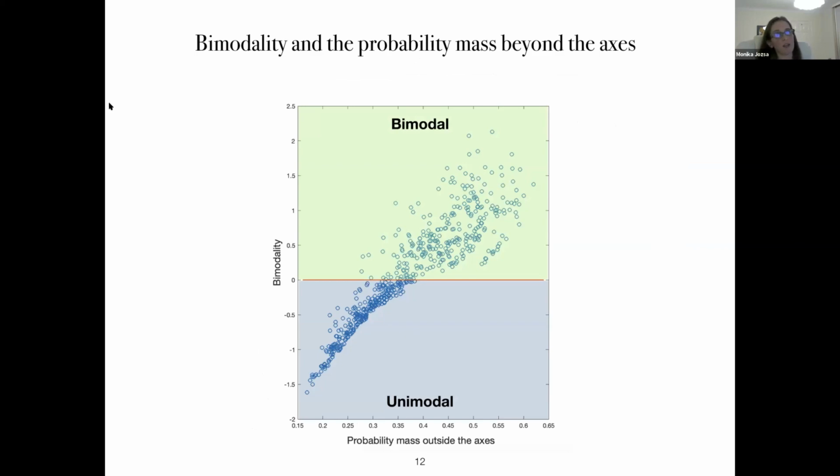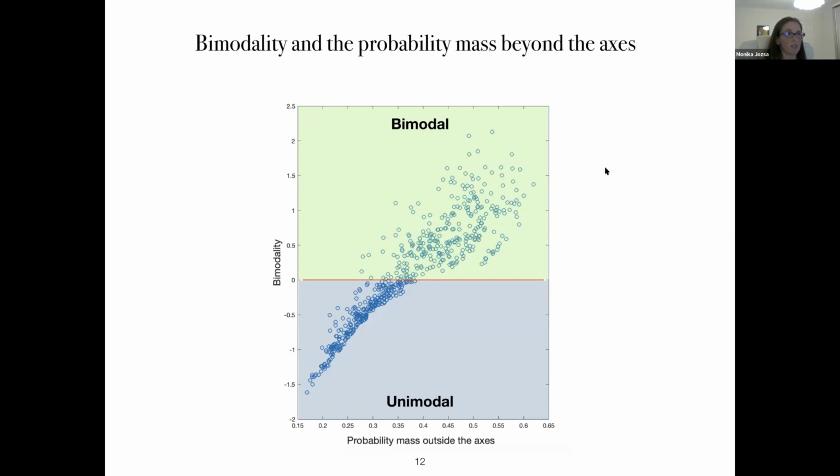Every time you have a set of Ks and X bar, Y bars, you get a blue circle here. So what this plot says is that this probability mass outside the axis correlates with multimodality in this class of systems.